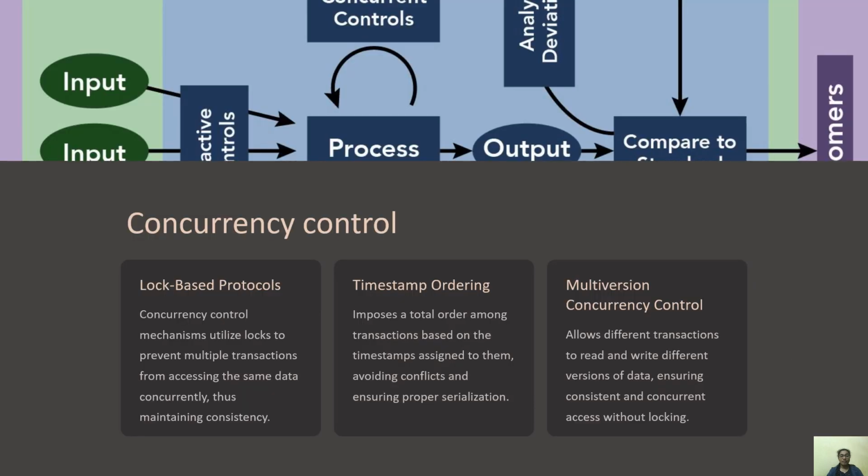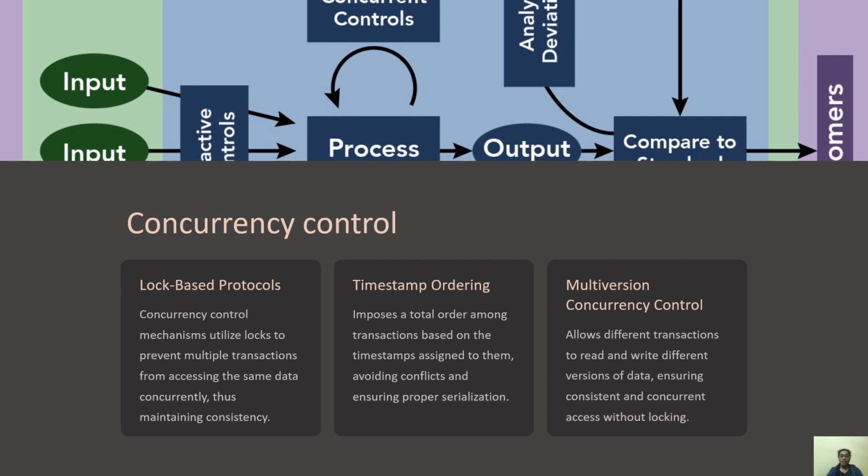Now we will see concurrency control: lock-based protocols, timestamp ordering, and multi-version concurrency control. Coming to lock-based protocols, concurrency control mechanisms utilize locks to prevent multiple transactions from accessing the same data concurrently, thus maintaining consistency.